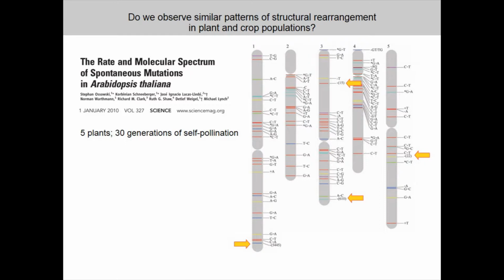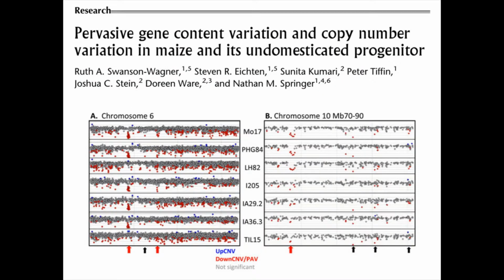And for technical reasons, this actually probably ignores the larger insertions that you might find, because they were using very short sequencing reads, and I'll talk about that a little bit more in a second. So this goes on to show that you also get these insertion events.